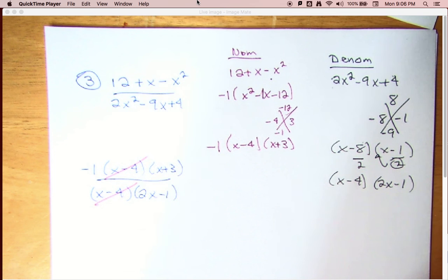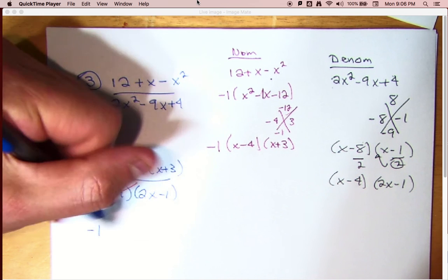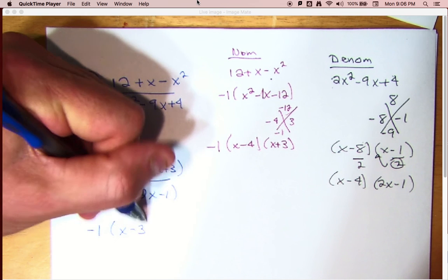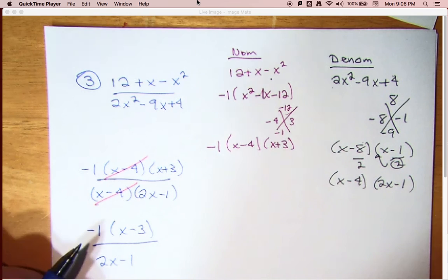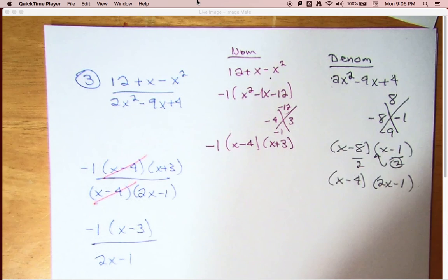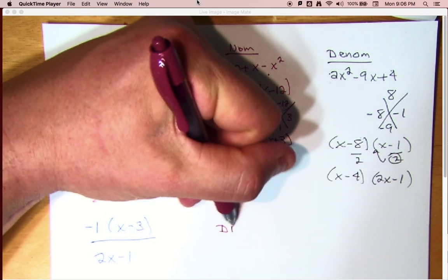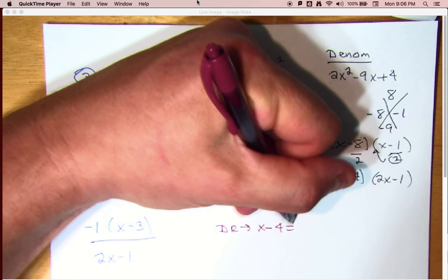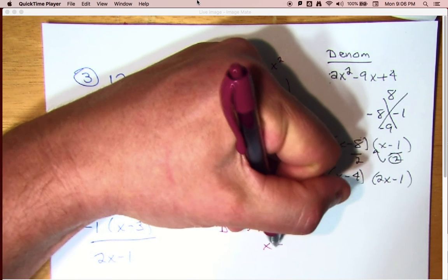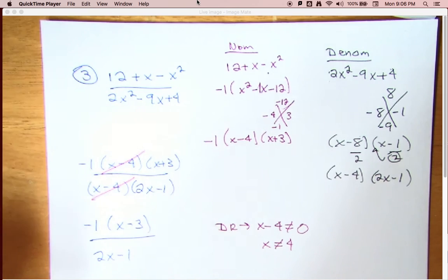And so I have negative 1, x plus 3, over 2x minus 1. And as far as your domain restriction, we say x minus 4 cannot equal 0. x cannot equal positive 4 when I solve that.